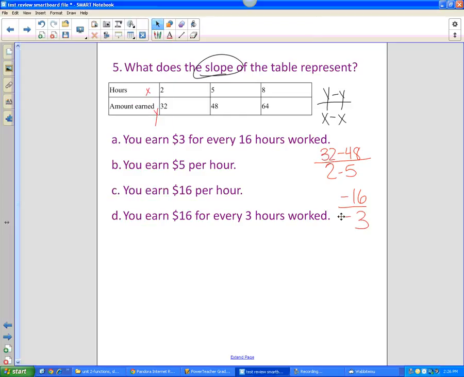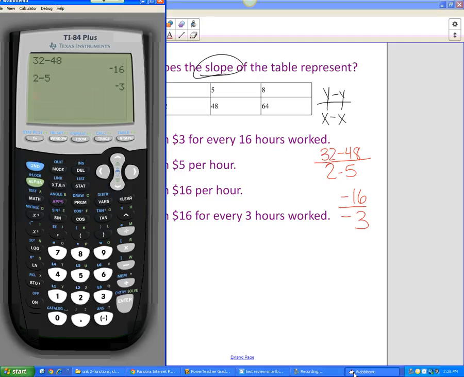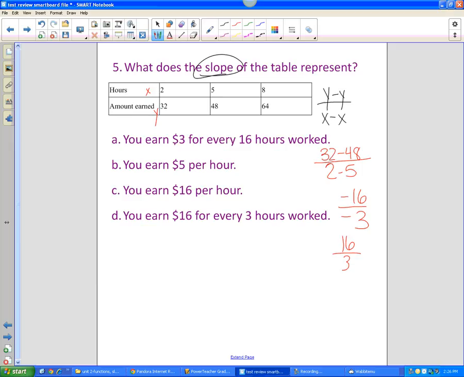Now, in my calculator, if I want to double check that, I'm going to type in negative 16 divided by negative 3. When it gives me a decimal, you hit math, enter, enter, and it gives you 16 over 3. Math, enter, enter is how you turn it back into a fraction. You got to type in negative 16 over negative 3. Math equals. No, you didn't type in negative 16. Oh. All right, so you get positive 16 over 3.